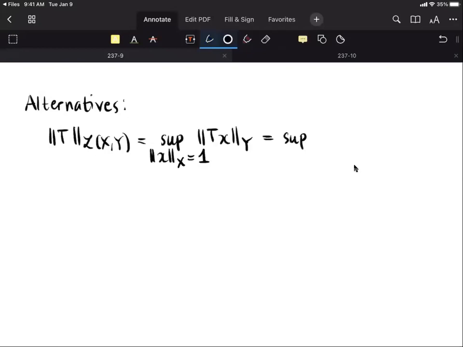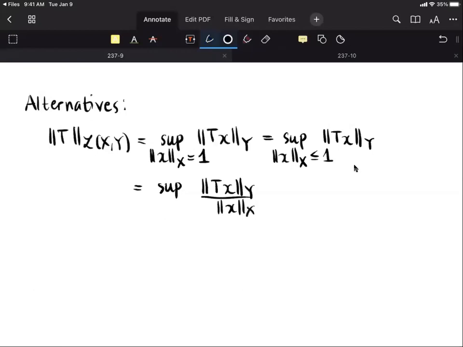You can replace this unit sphere by the unit ball as well. And by, let's say, normalization, you can replace this by any vector in X as long as it is non-zero.